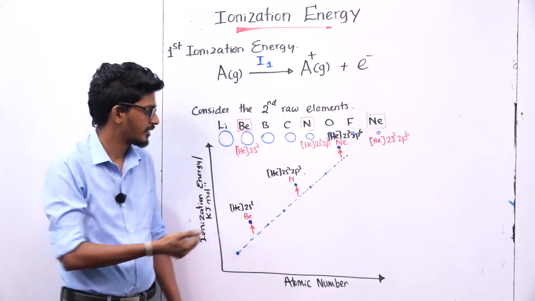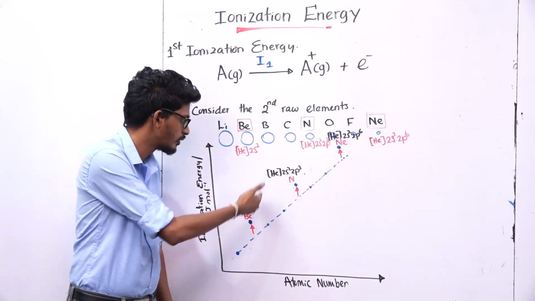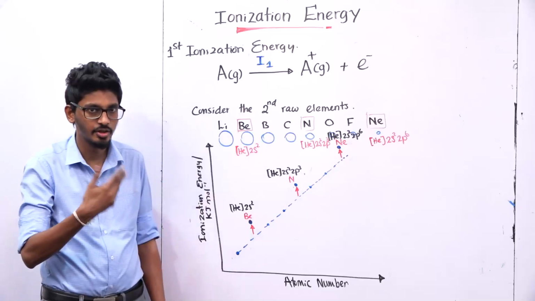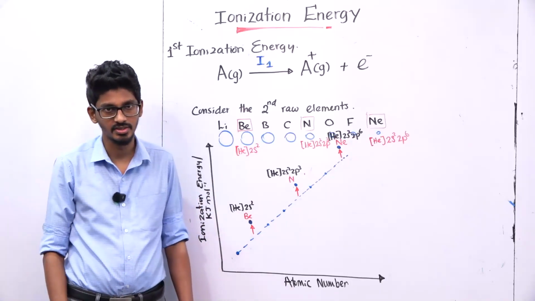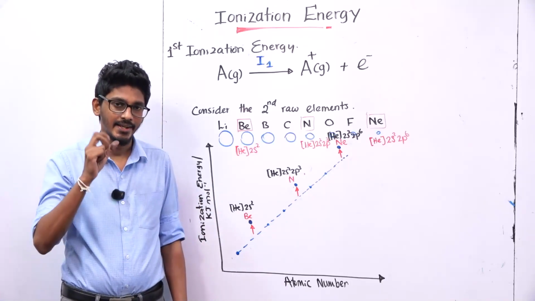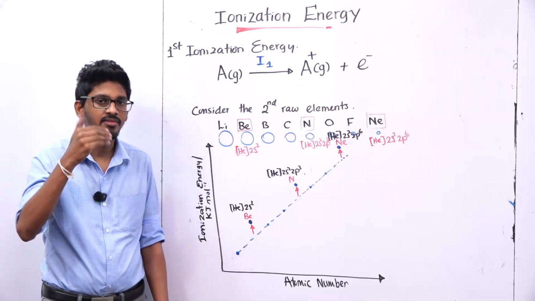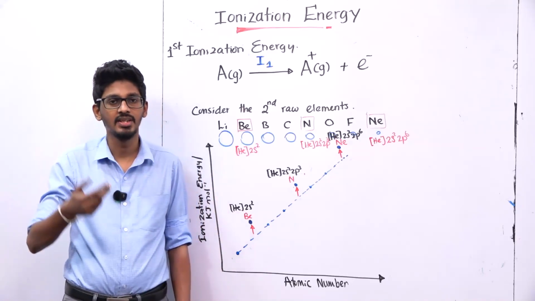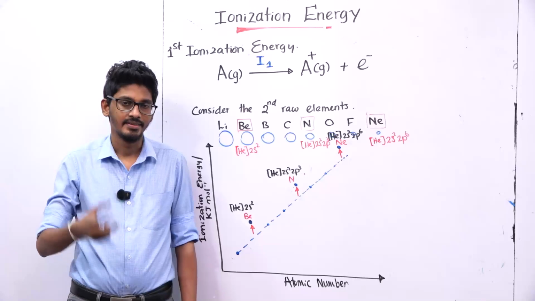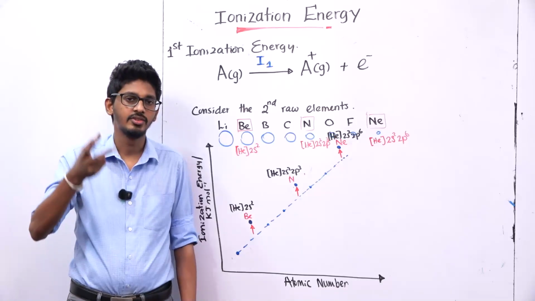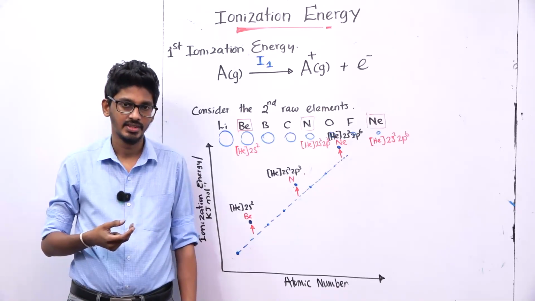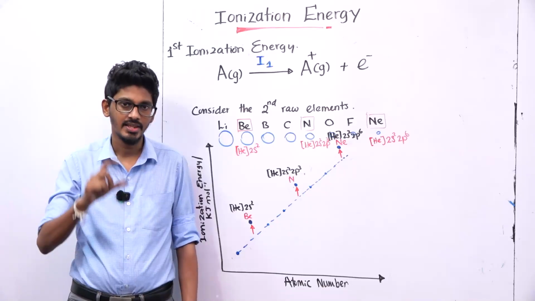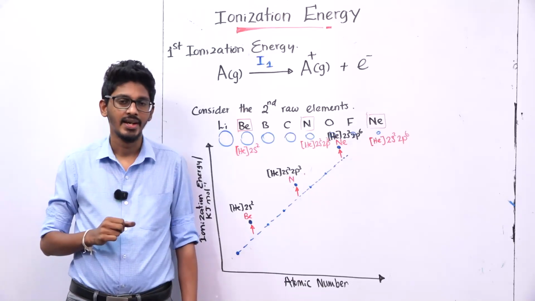So the opposite of these are not keen to release an electron because they will get rid of the stable configuration. But some elements, by releasing one electron, can come up with a stable configuration. Such elements release that electron more keenly with lesser energy than expected by the atomic radius.